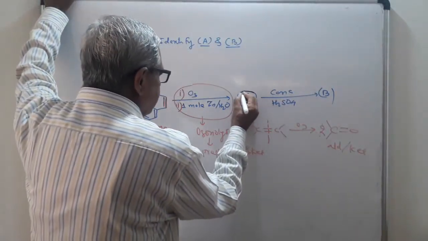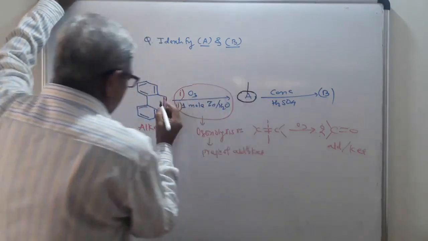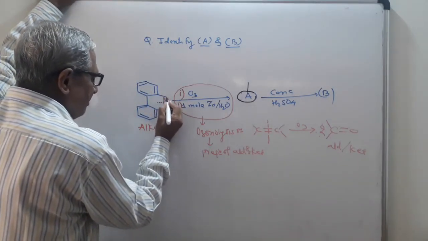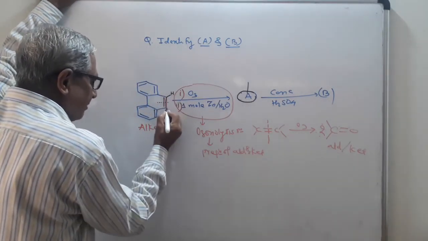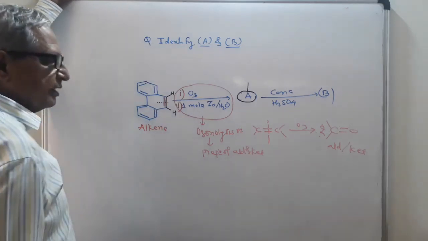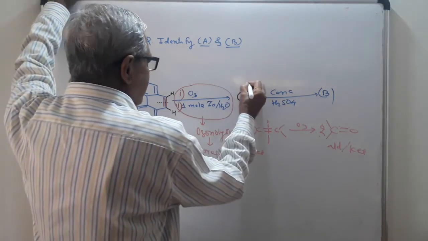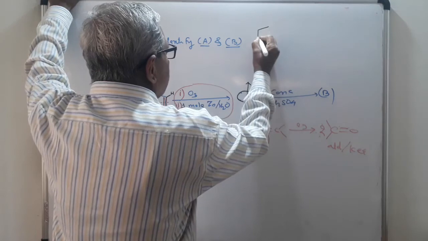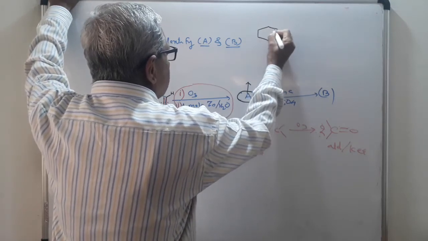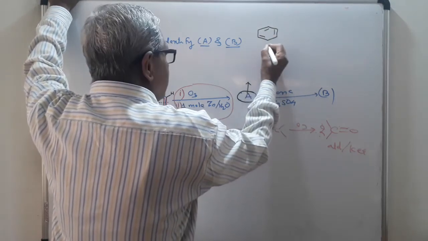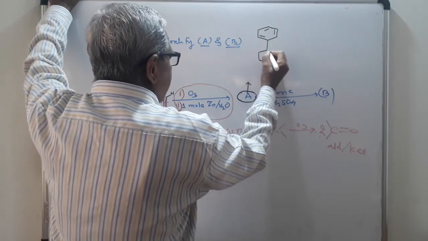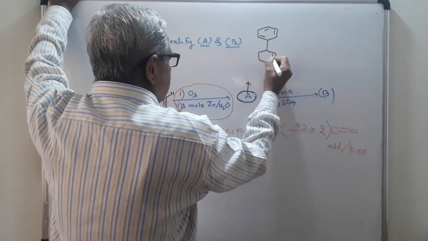You break this bond here. Remember that here is one hydrogen atom, here is one hydrogen atom. So structure of A will become a 6-member ring with alternate double bonds, and again a 6-member ring with alternate double bonds.